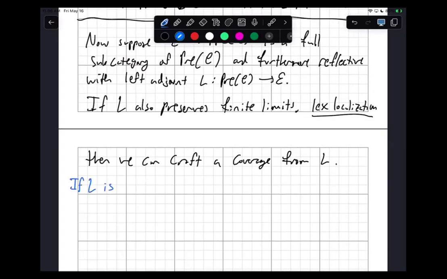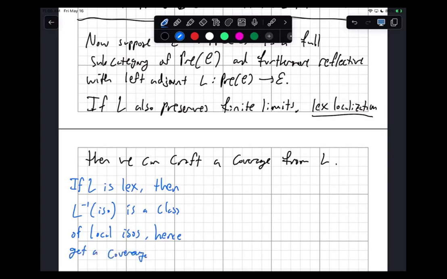If L is Lex, then L inverse of the isomorphisms in E is a class of local isos, hence we get a coverage, which I'll call J of L. Okay.